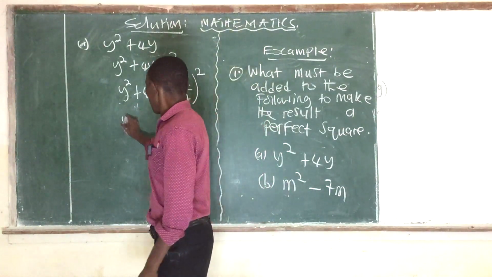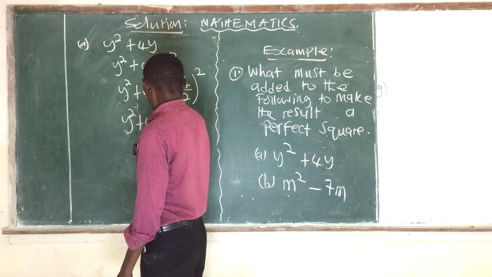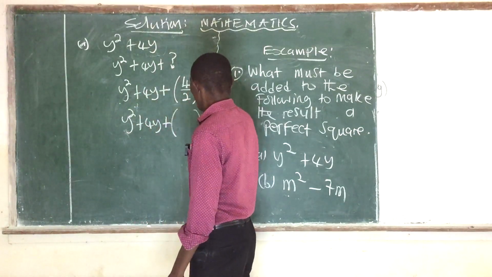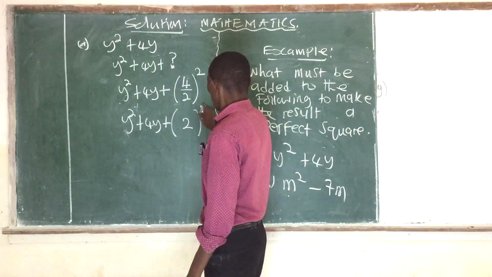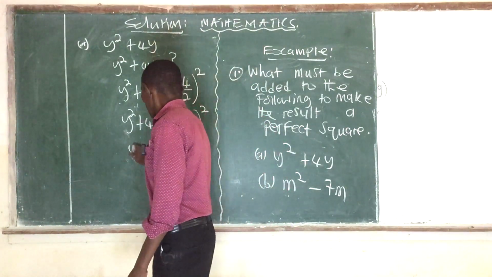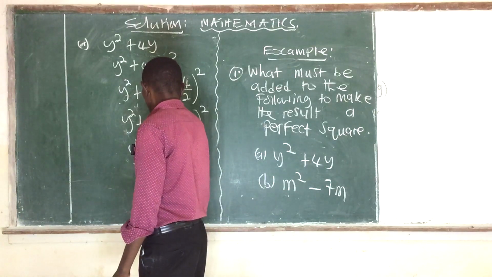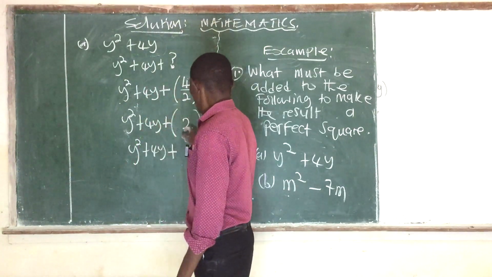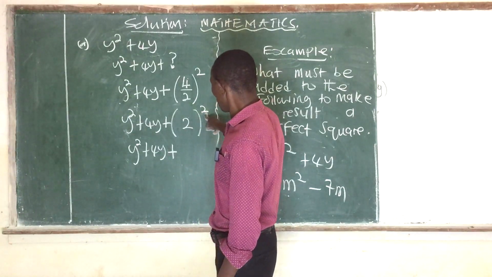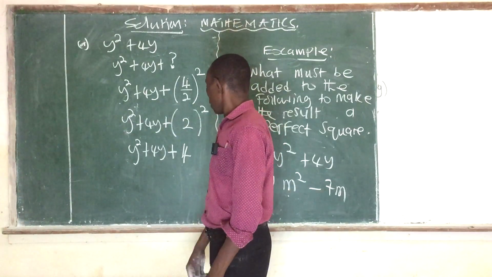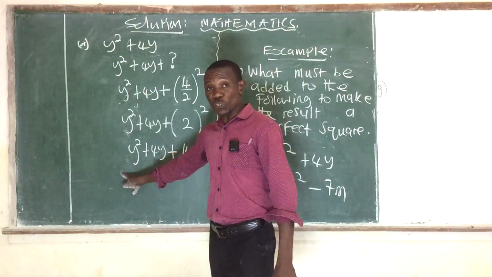So y squared plus 4y plus, here you have 4 divided by 2 gets 2, and then that has to be squared. What we get at the end is y squared plus 4y plus 2 times 2. The 2 squared will give you a 4. So the result is this expression here.